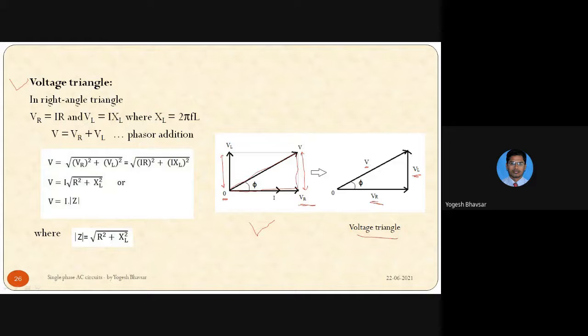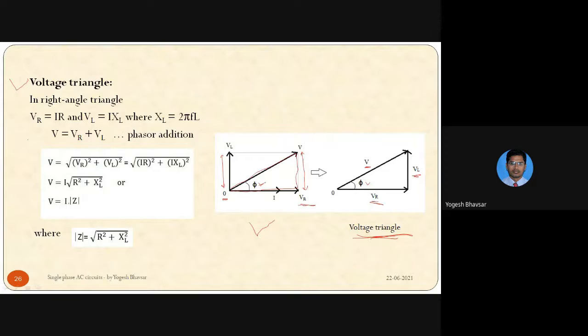So it becomes V, the resultant or hypotenuse. And the angle in the middle, we can represent as phi. So this becomes the voltage triangle for the phasor diagram, or the voltage triangle for the RL series circuit. The base side represents VR, the adjacent side represents VL, and the hypotenuse represents V.